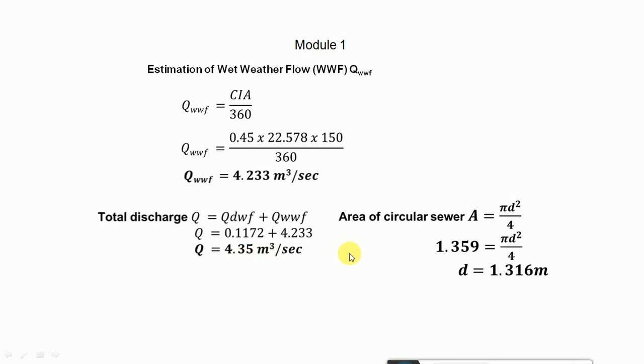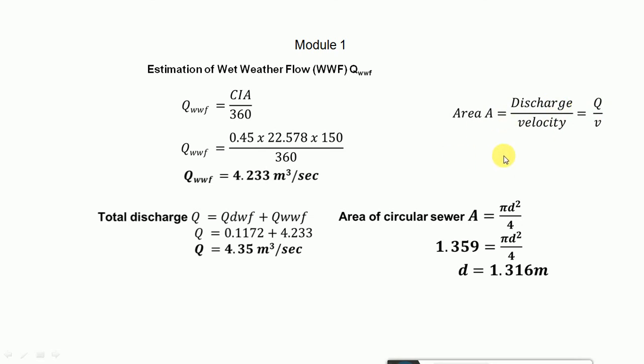Now the area of the circular sewer is given by A is equal to pi d square by 4. Here we have to estimate the area of the circular sewer using the formula Q is equal to A into V. We know that the discharge is equal to area into velocity.